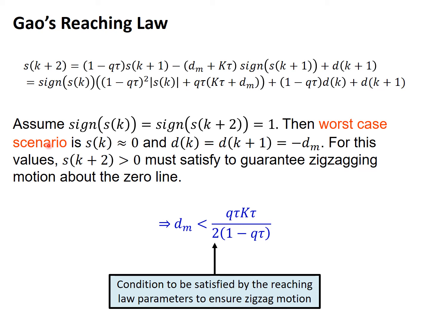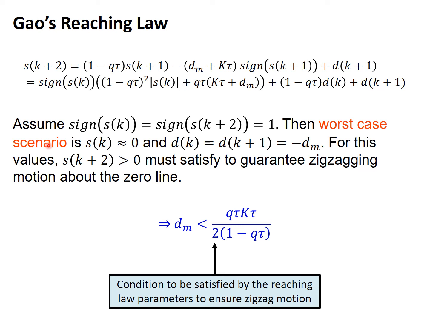We look at the worst case scenario. What is the worst case scenario here? By worst case scenario we mean that sine of sk is 1, or sk is positive, but we will try to make sk plus 2 as low as possible, and still it should be positive. So that is the worst case scenario.